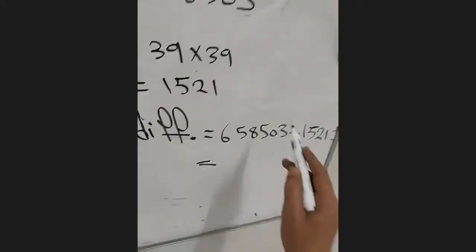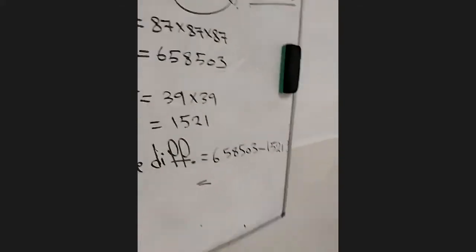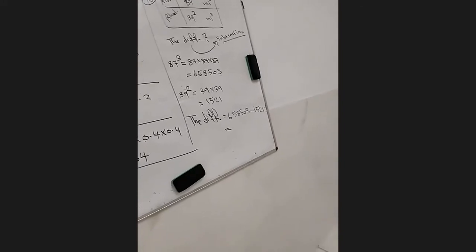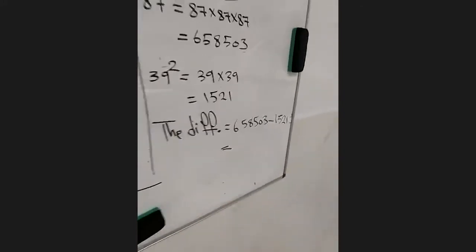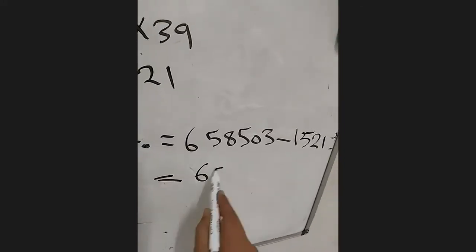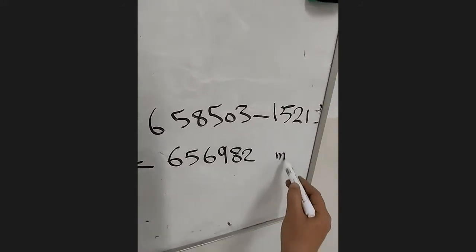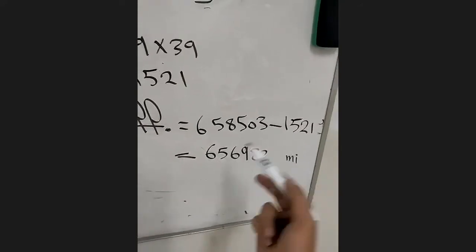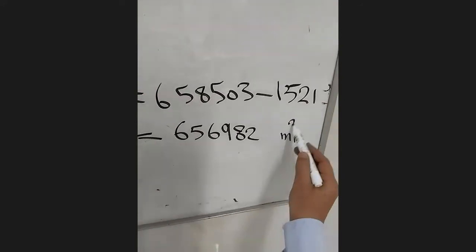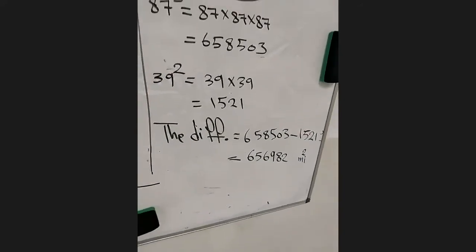Now I put them over each other and make the subtraction. The answer will be 656,982 mile, because we are talking about areas here. Don't forget the unit of the mile.